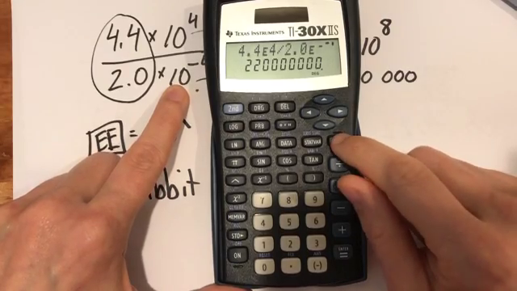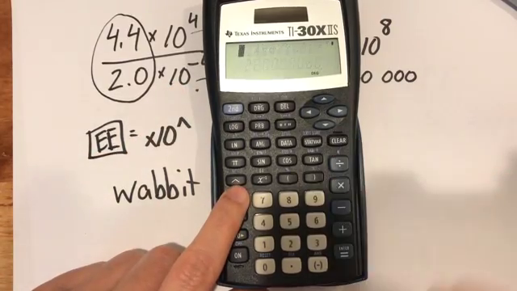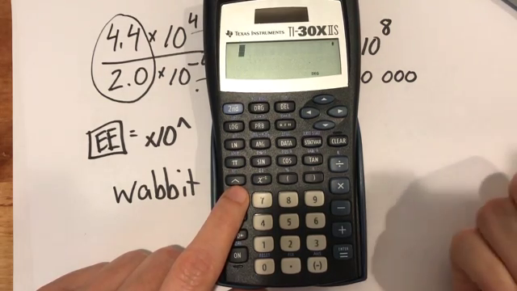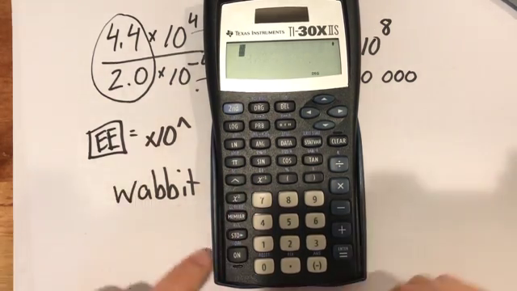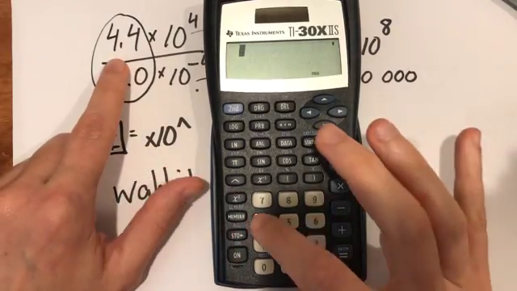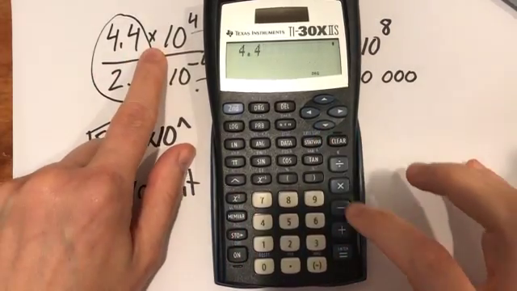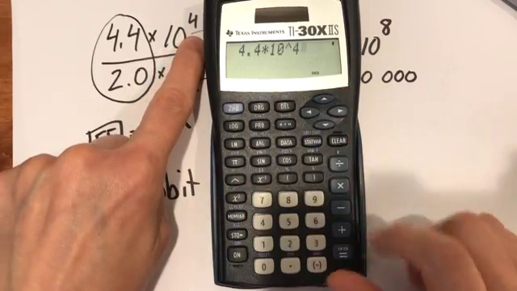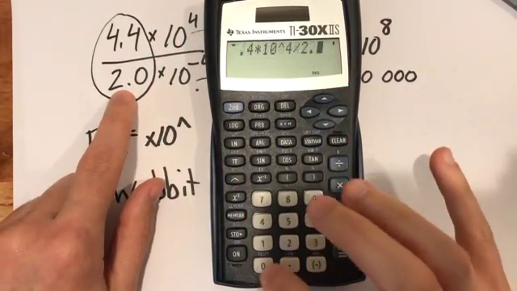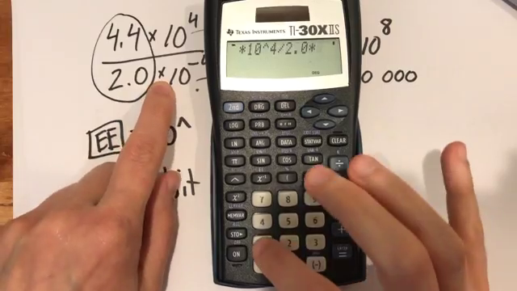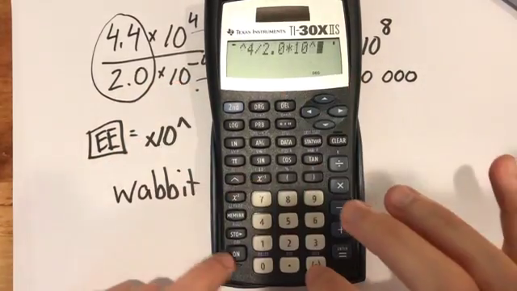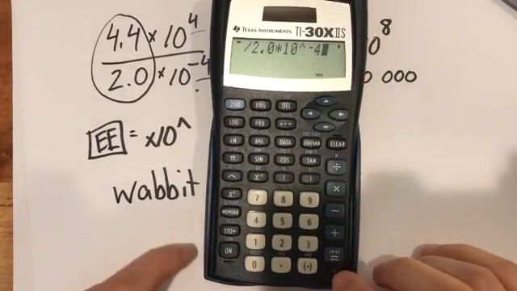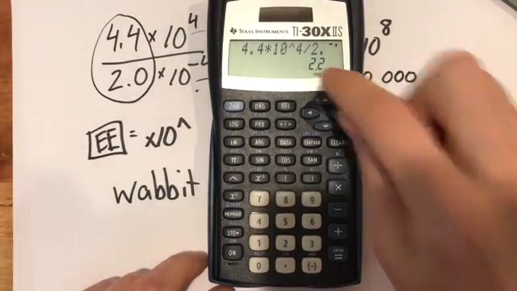So I want you to avoid using this caret button right here, because that's the number one mistake people make when they're doing scientific notation in a calculator. So if you accidentally use this, it would be 4.4 times 10 caret 4 divided by 2.0 times 10 caret negative 4, you get 2.2.